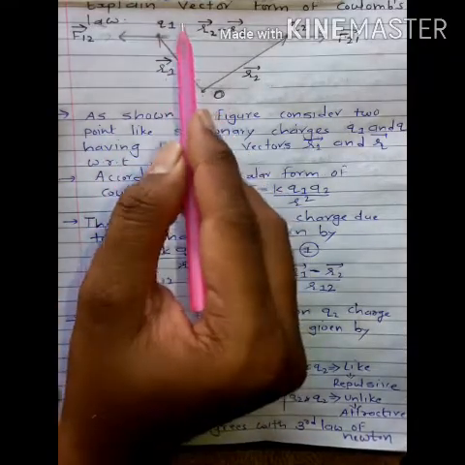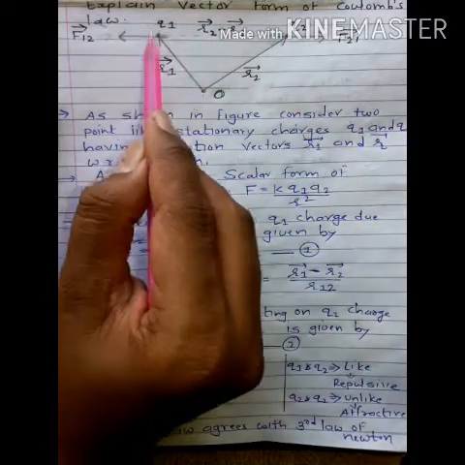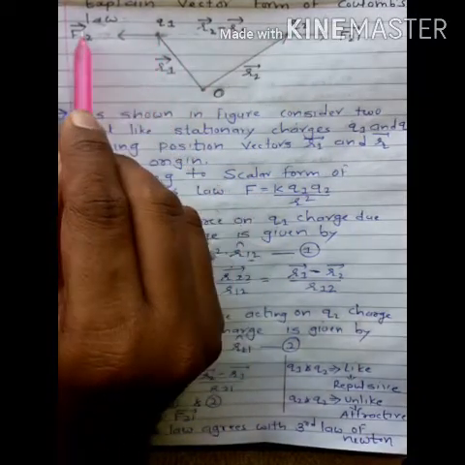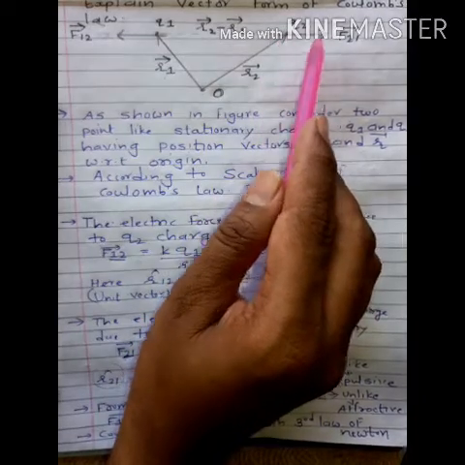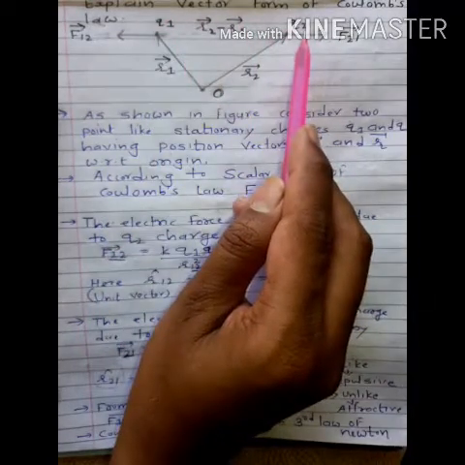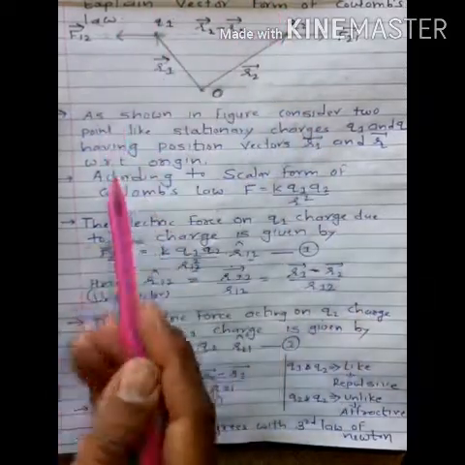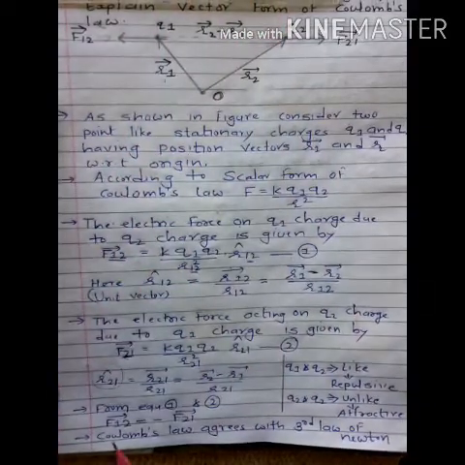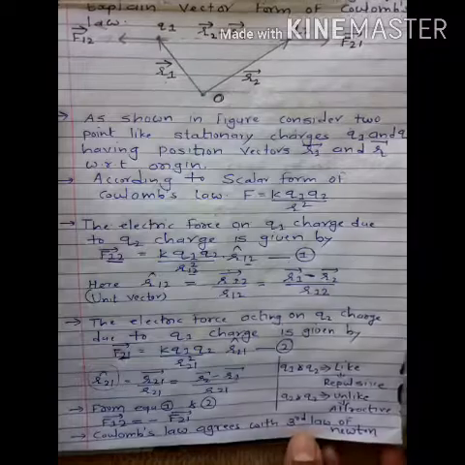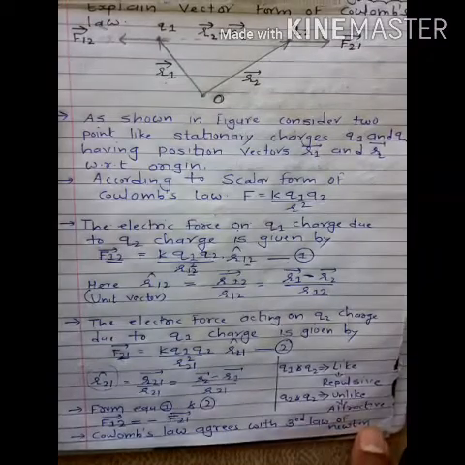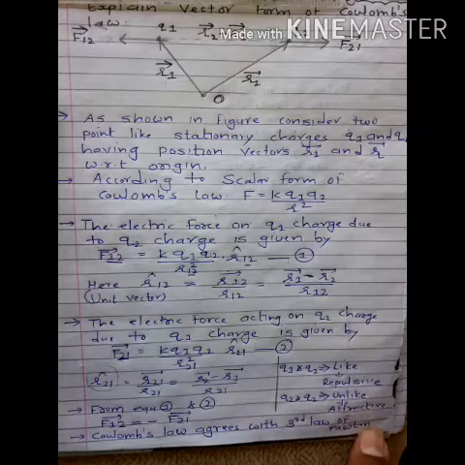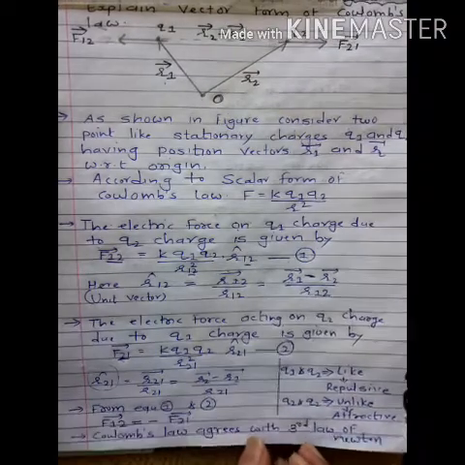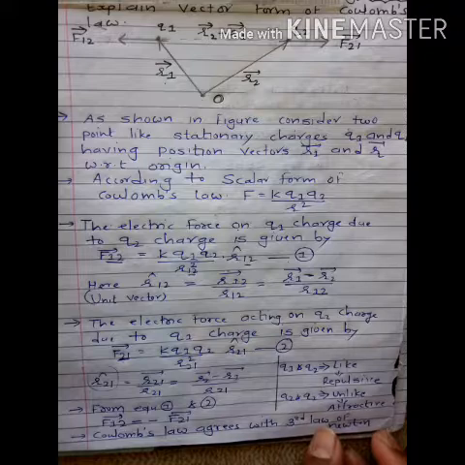This is given in this figure. The direction of F12 is left side while the direction of F21 is right side, totally opposite direction. But they are equal in magnitude, so we can say that Coulomb's law agrees with Newton's third law of motion.